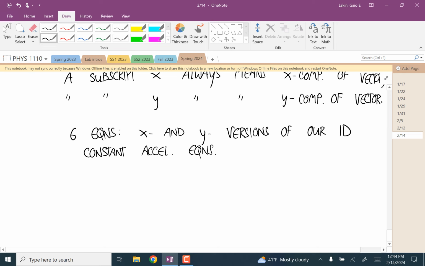So here's what they are. We know this one from before, and we have x and y versions of this equation.